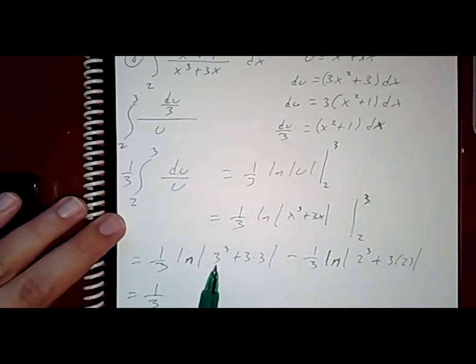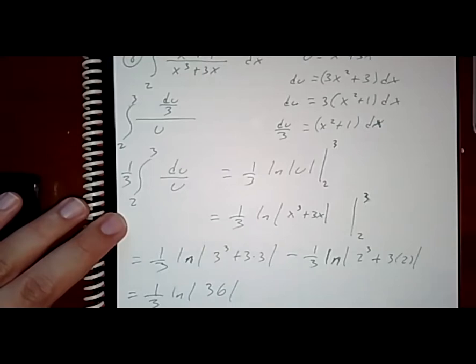So that's what, 27 plus 9? 27. What is that going to be? 36. 8 plus 6. 14.